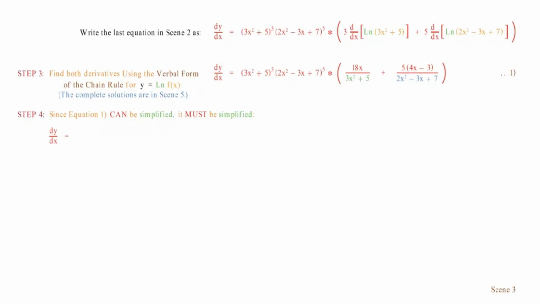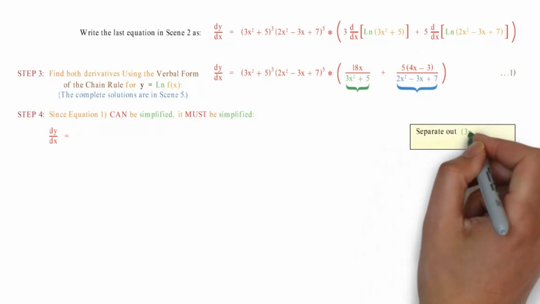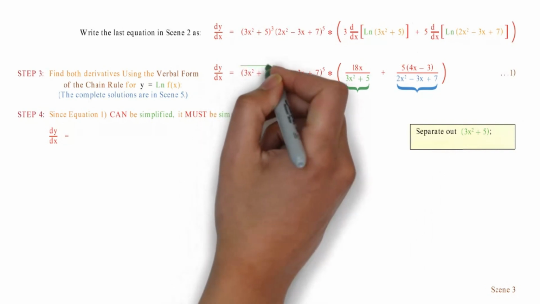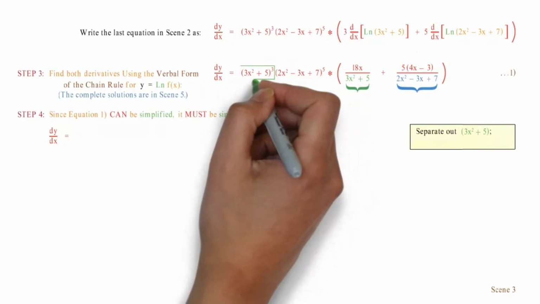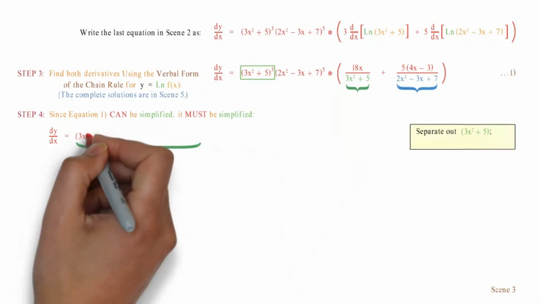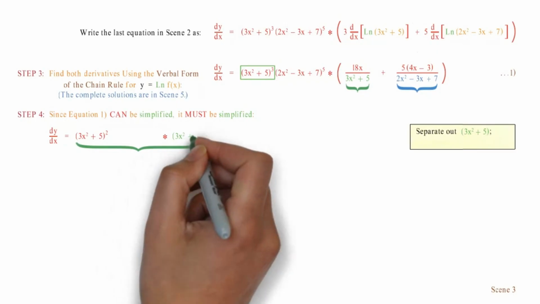Since the denominators are 3x squared plus 5 and 2x squared minus 3x plus 7, separate out 3x squared plus 5. (3x squared plus 5) all cubed becomes (3x squared plus 5) all squared, times (3x squared plus 5).